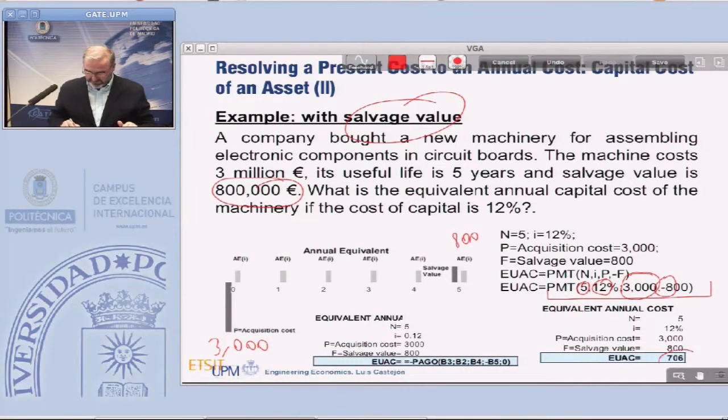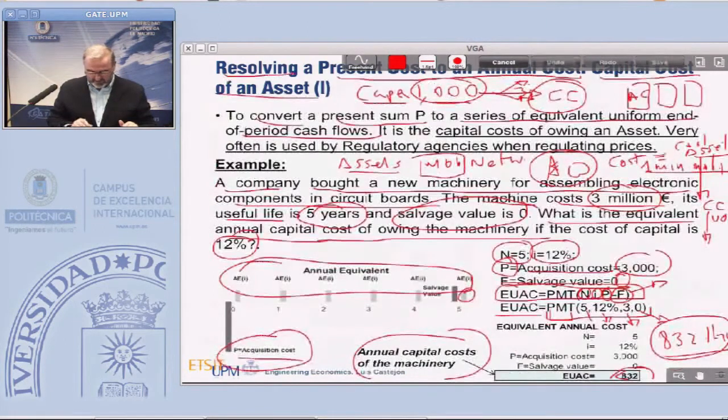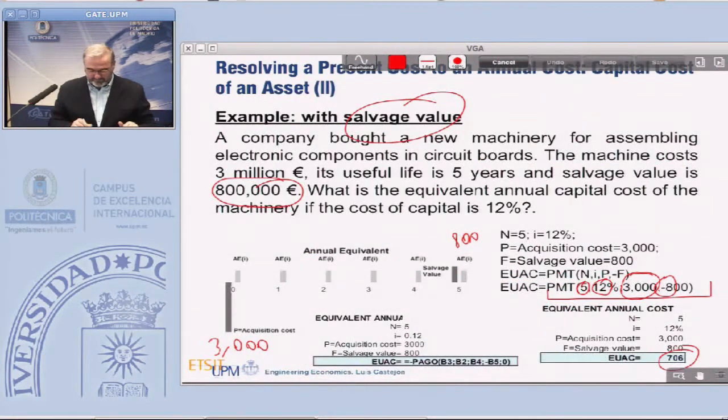So the annual cost is 706 and 6 euros. Why is it lower? It's quite straightforward, because in the case of no salvage value, as you don't have future earnings or income from the selling of the machine, the cost is higher than in the case of this one.